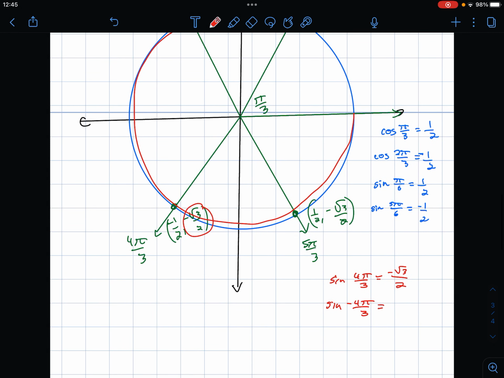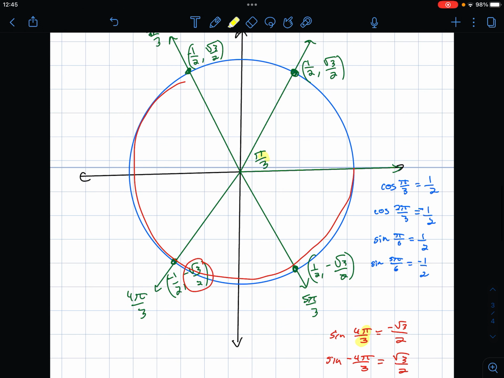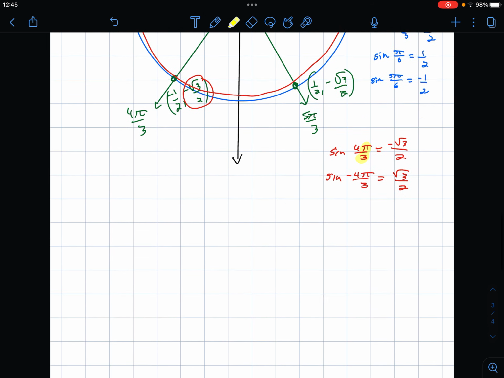And so it's actually going to be +√3/2. But because it's really the denominator that you kind of want to look out for, like this 4 pi/3 kind of tells us we're in this set of reference angles, and then we just need to figure out what coordinate we're in. But this is our reference coordinate, sort of.